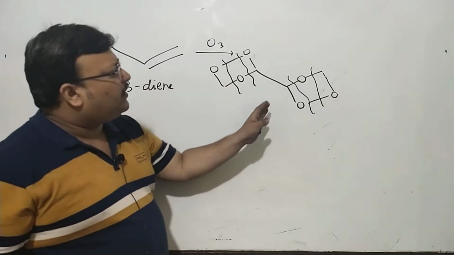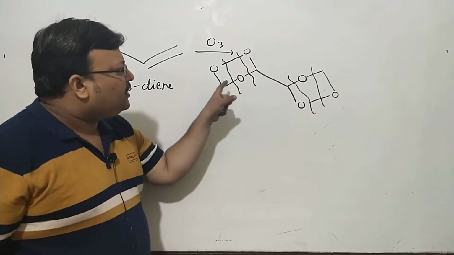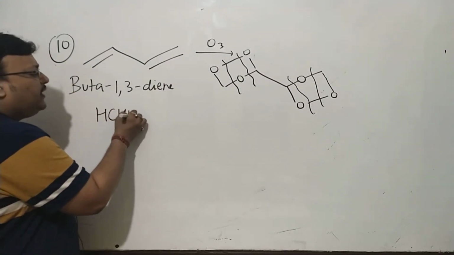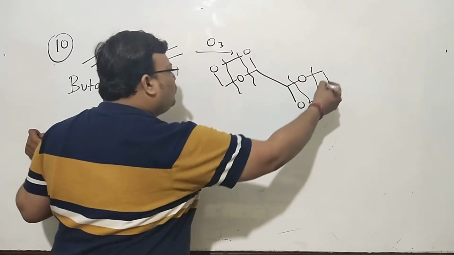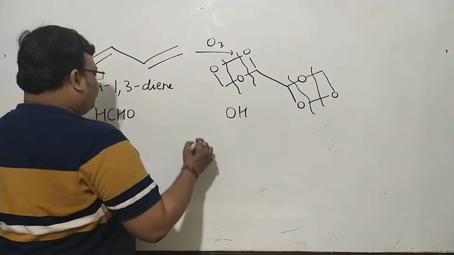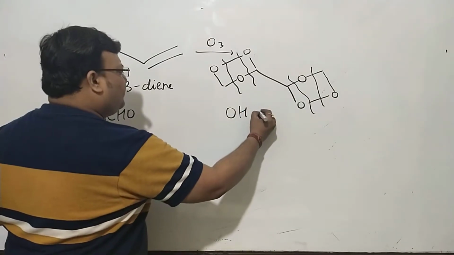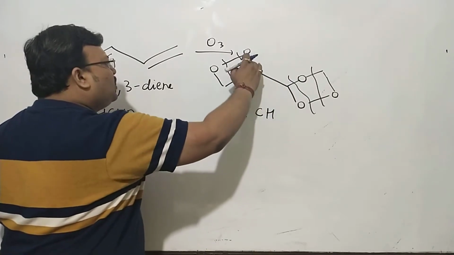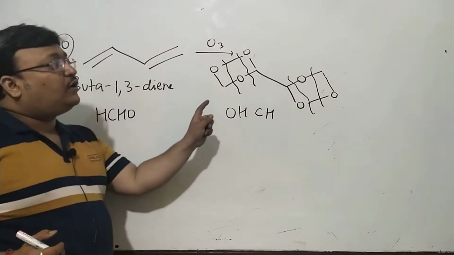One to the left, another to the right, and one in the center. Now the one to the left is certainly a 1 carbon fragment, formaldehyde. The one to the right is certainly another 1 carbon fragment, which is HCHO, and in between you have CHO CHO. So this is what you have to keep in mind.